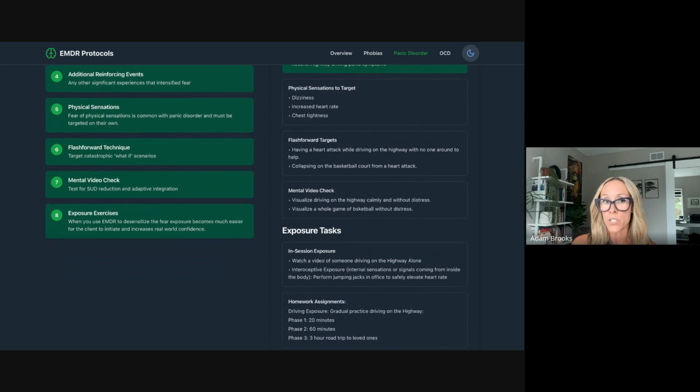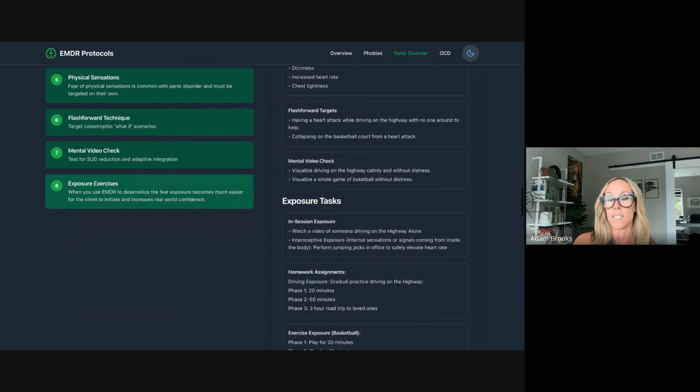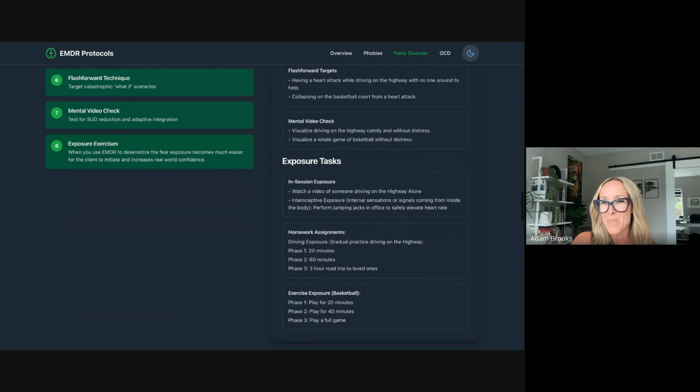Then you move on to the flashforward technique. Again, this is targeting the catastrophic what if scenarios. Move on to the mental video check to test for distress reduction and adaptive integration. And then move to exposure exercises. When you use EMDR to desensitize the fear, exposure becomes much easier for the client, way more accessible, right?